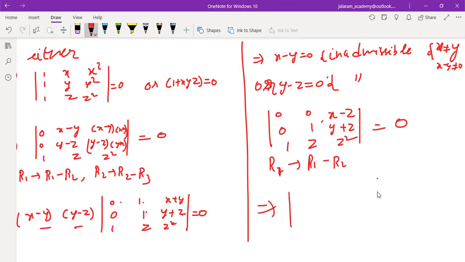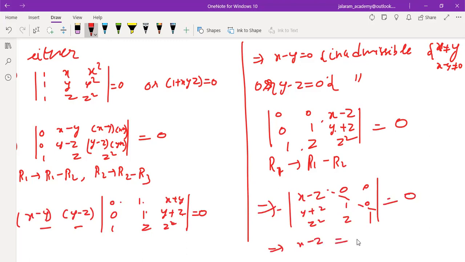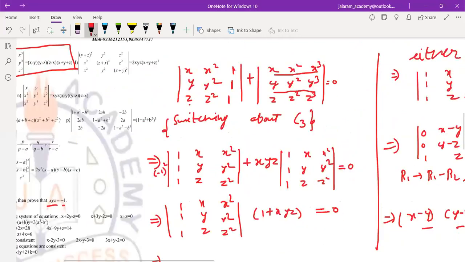It implies on changing the first and third column, we are getting minus of x minus z, y plus z, z square; 0, 1, z; 0, 0, 1. So all the elements above the principal diagonal are 0. So its value will be obtained by the product of elements of the principal diagonal, x minus z only, which is also inadmissible, as in the question it is given that x is not equal to z.